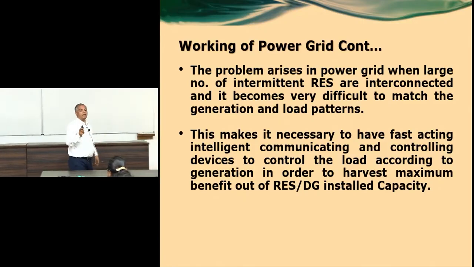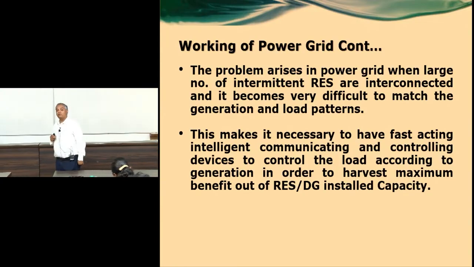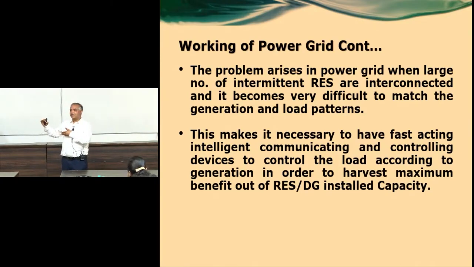Earlier, the solar power plant or wind power plant was supposed to cut off whenever there was some fault on the grid side. What is a fault? Voltage fluctuation, frequency fluctuation, large swings in the reactive power demand. So those were the faulty conditions.